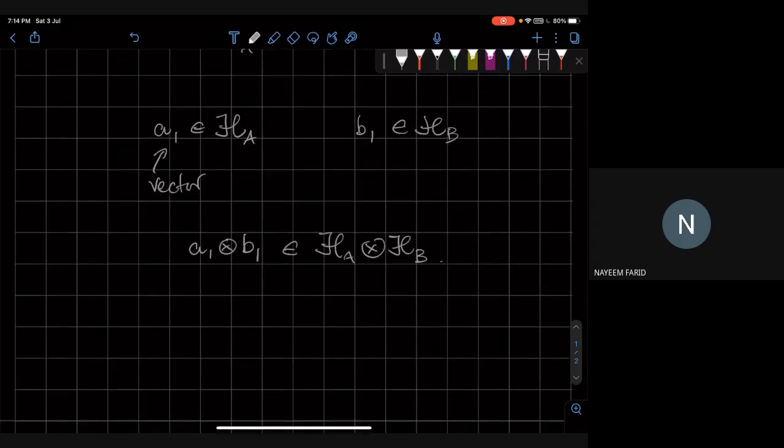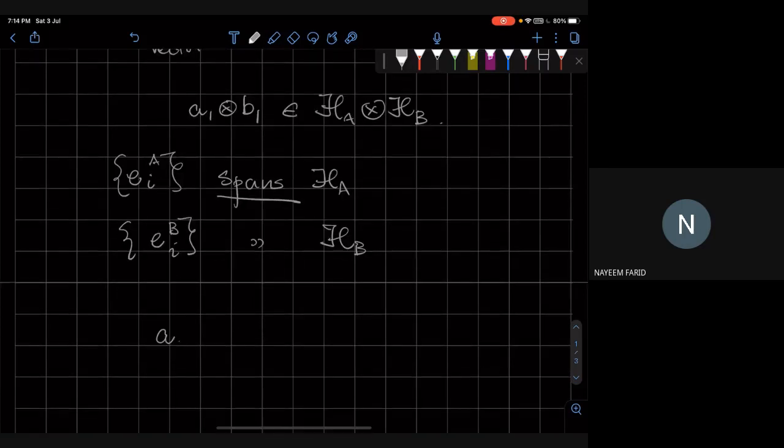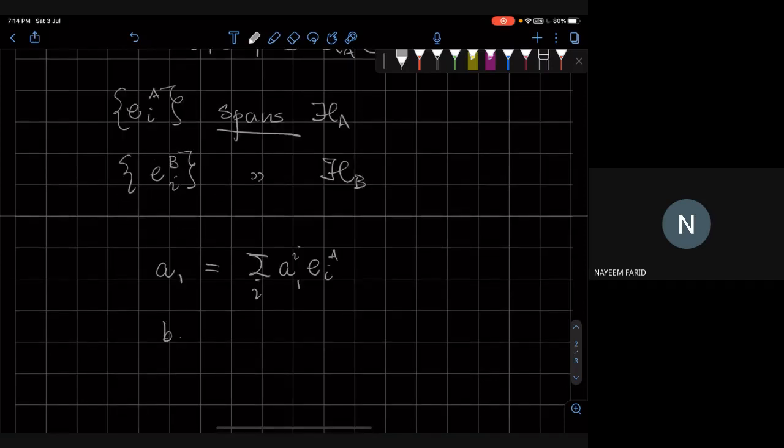Now, if I choose e_i^A to be some basis that spans H_A, where spans means it provides a linearly independent basis, and suppose I take e_i^B to be a set of basis vectors that span H_B, then of course I can express my vector A1 as a linear combination in terms of e_i^A, with coefficients, say, A1^i, and similarly my vector B1 in terms of the basis vectors e_i^B.